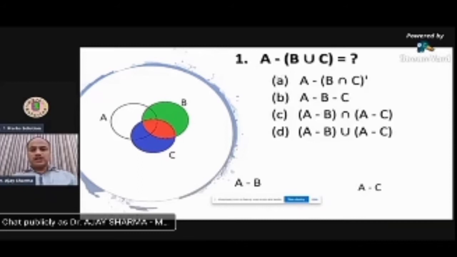Now you have to tell which option among the following is correct. Now see the first one, A difference (B intersection C) complement. So B intersection C means the red portion, and complement of that means excluding this portion, everything else. Fine, everything inside the universal set. You can consider this external circle as the universal set.